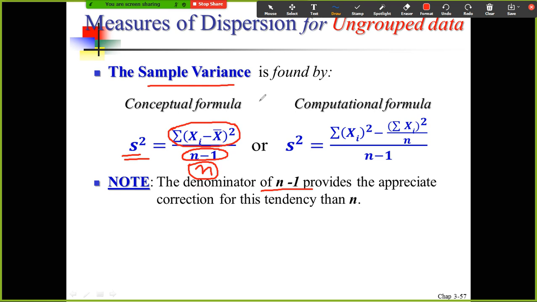That's why, remember that in order to calculate sample variance, you take the sum of this value divided by n minus 1, not n. n minus 1 is better than n, so the result will be more accurate than the result you get by dividing by n.